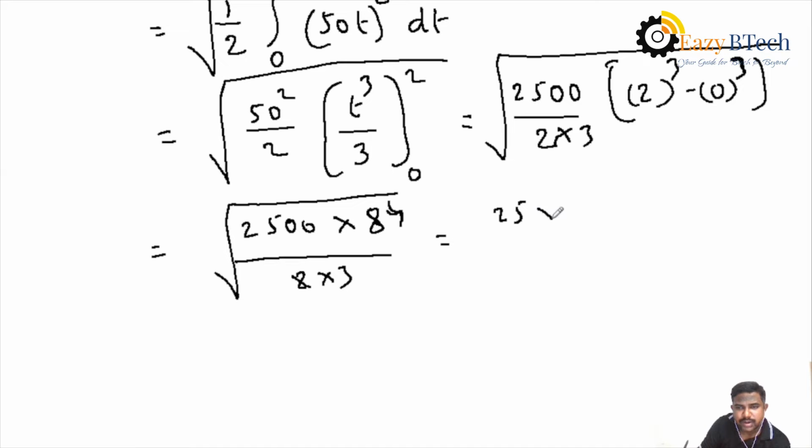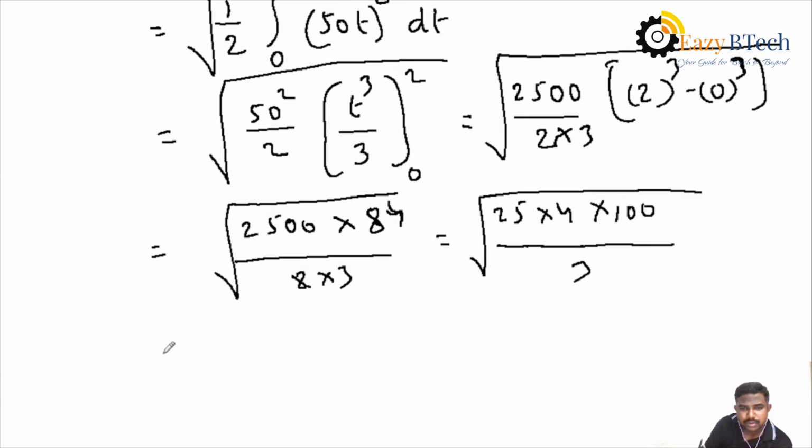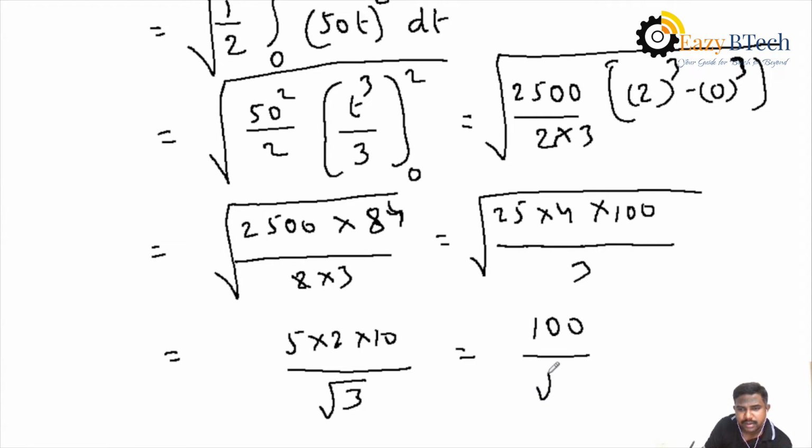Then 25 into 100 into 100, 25 into 4 into 100 by 3, whole square root. Then 5 into 2 into 10. Apply the square root: 5 into 2 into 10 by root 3. That is 100 by root 3 volts. That is the RMS value.